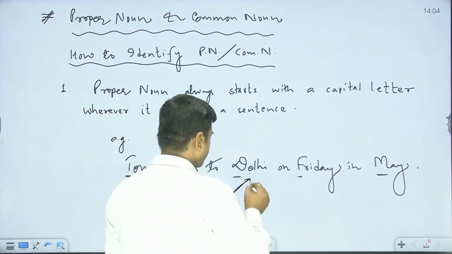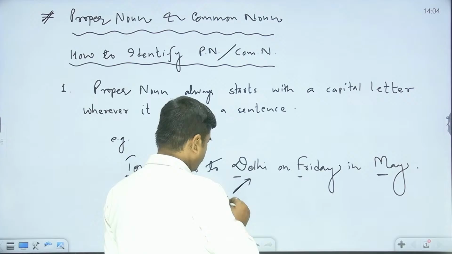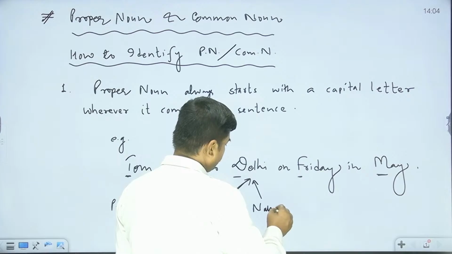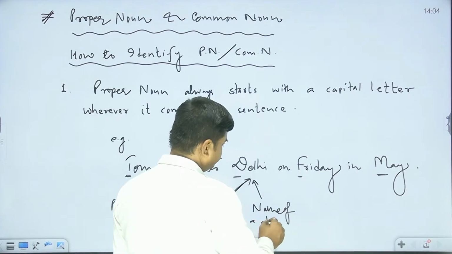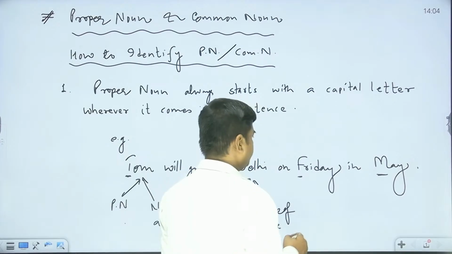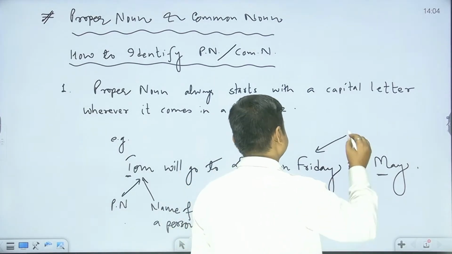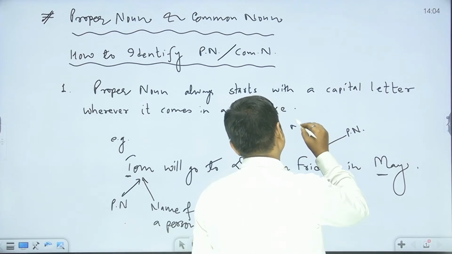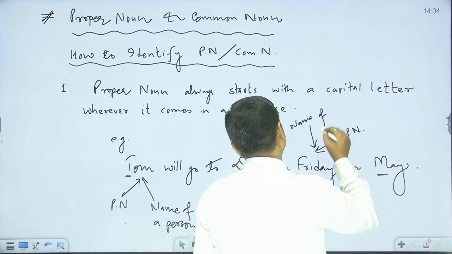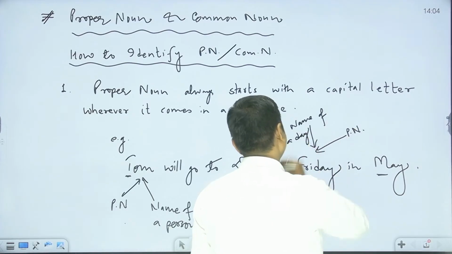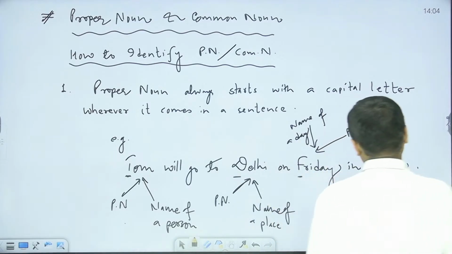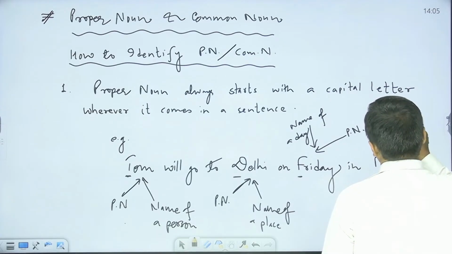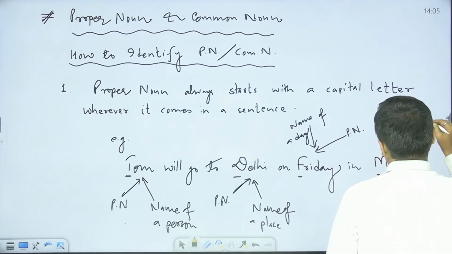This is a proper noun, the name of a place. This is a proper noun, the name of a day, and this is a proper noun, the name of a month.